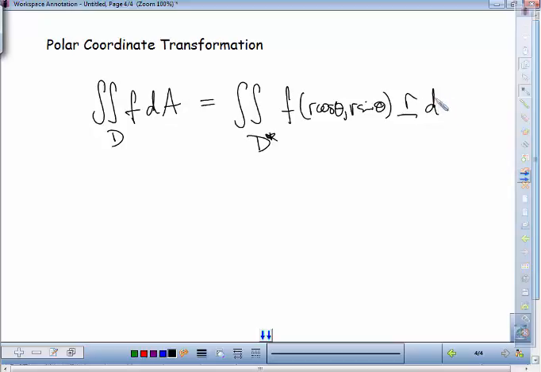That's like when you take the differential in single variable calculus, when you do u substitution, there's an extra thing that pops up. And then you have dr d theta. I'll put dr d theta here, but you might be flexible in switching the order, depending on how you write your limits.